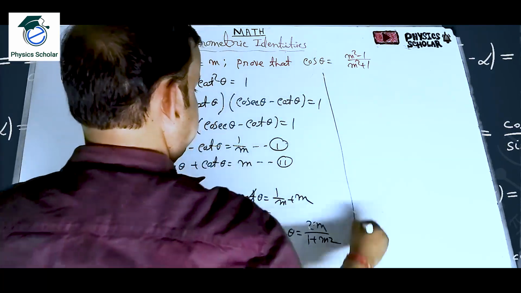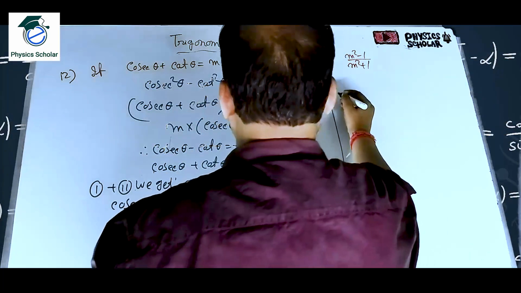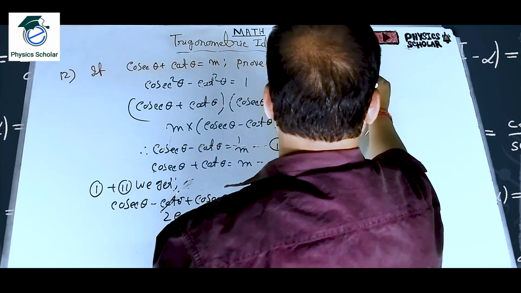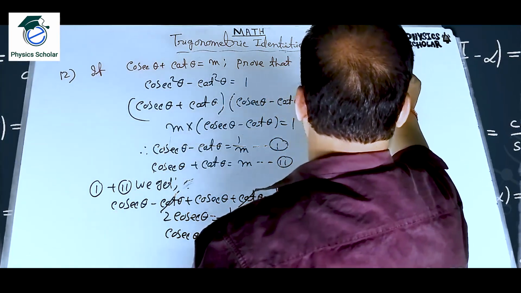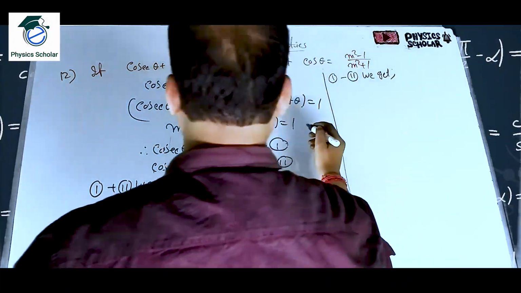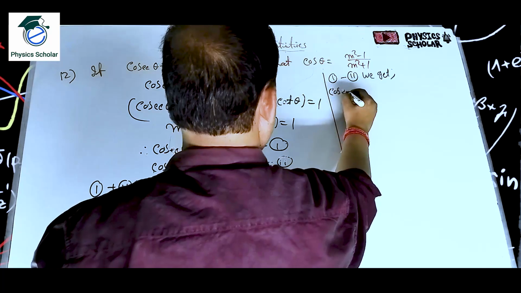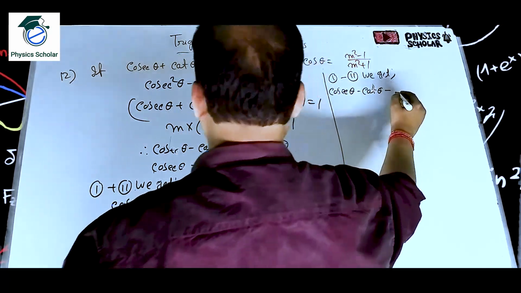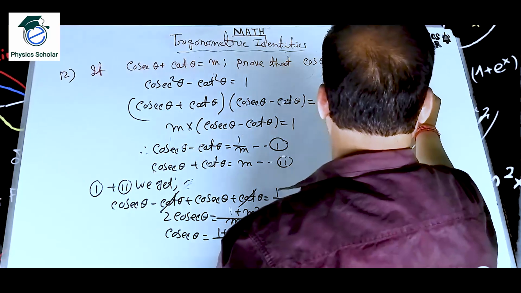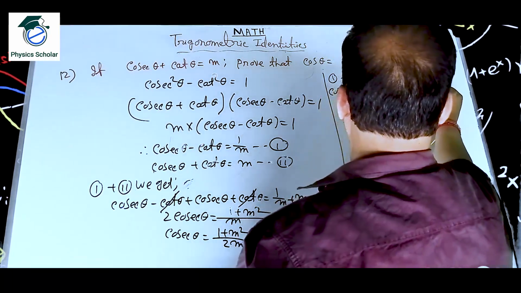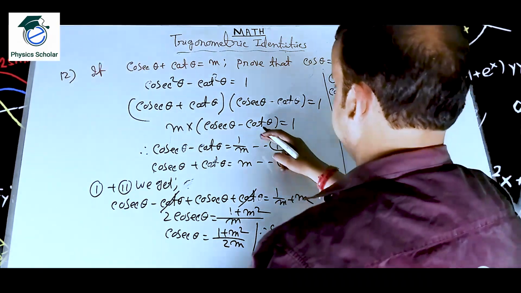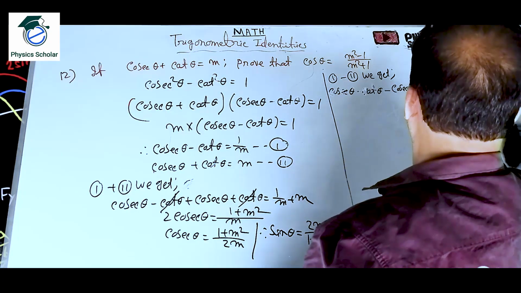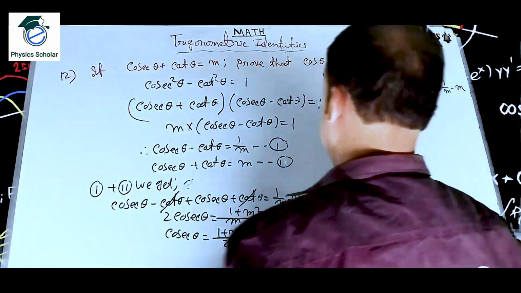Okay. Again, 1 minus 2, we get cosec theta minus cot theta minus cosec theta minus cot theta is equal to what? 1 by m minus m. Clear?